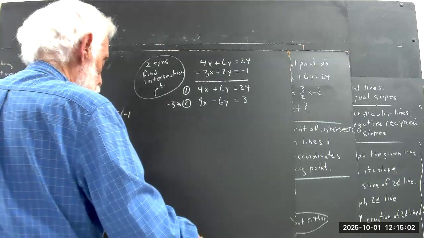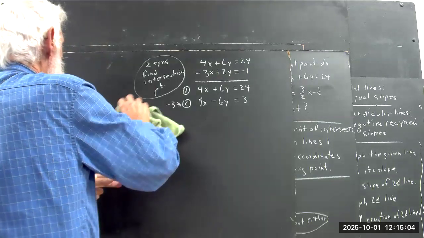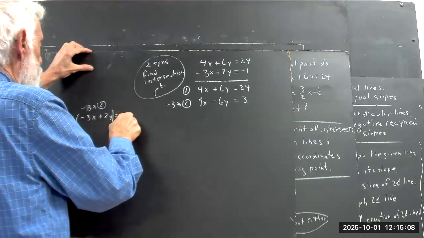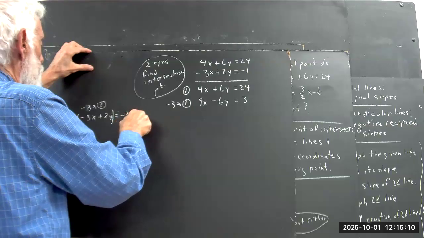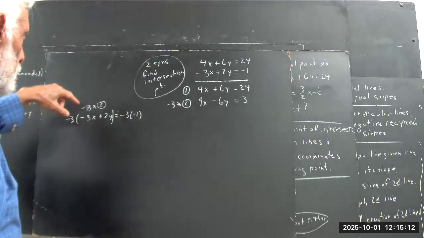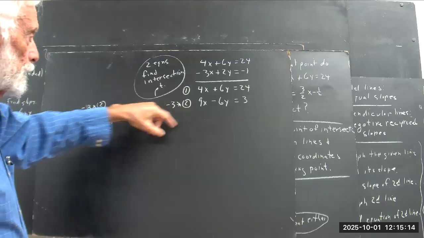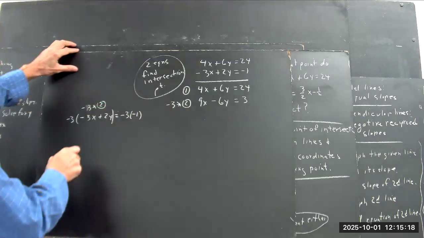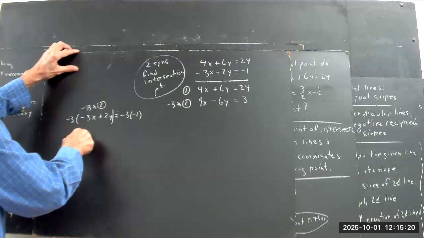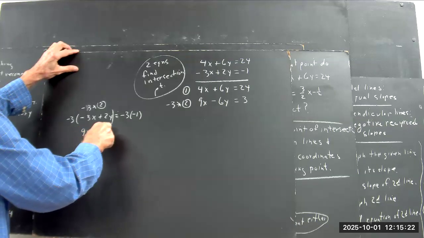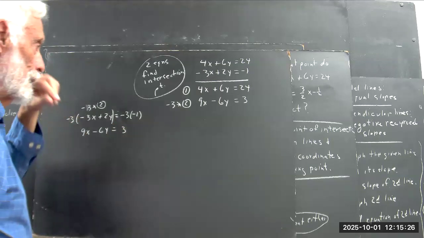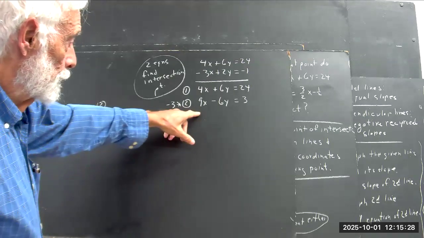Didn't leave myself room over here, so let's make that a little better. This is what I mean by multiply -3 by equation 2. I mean multiply both sides of equation 2 by -3. And what you get is 9x minus 6y equals 3. And you can multiply that out. Okay, so there it is.